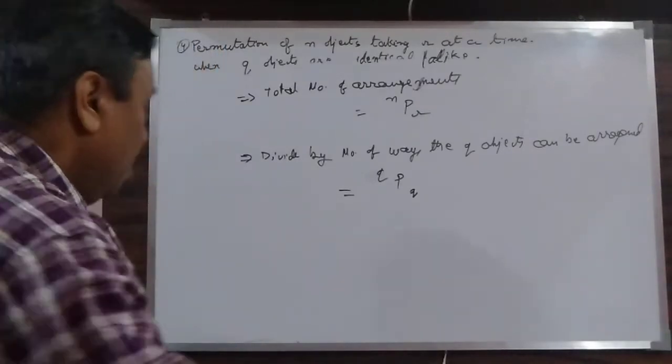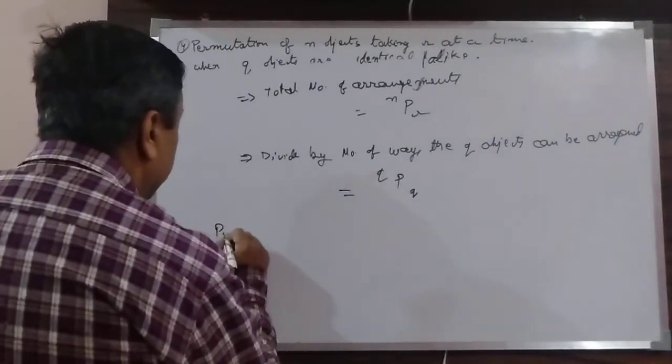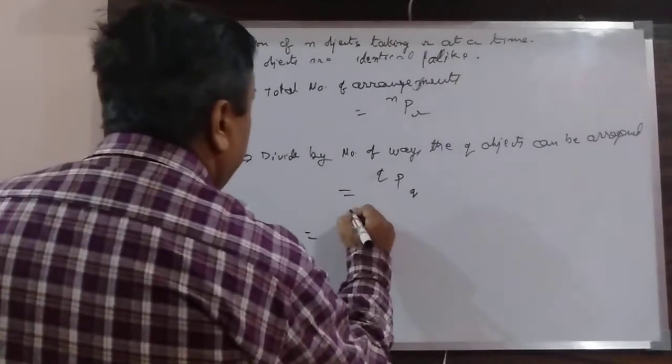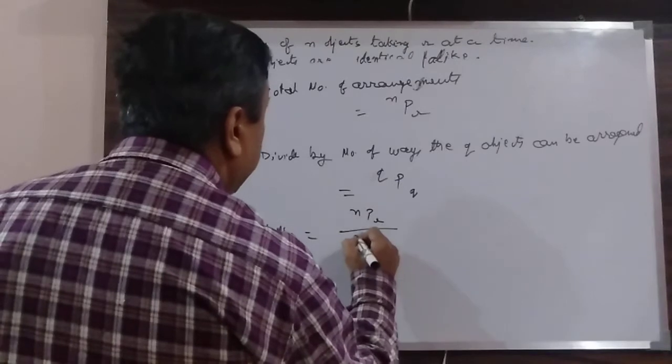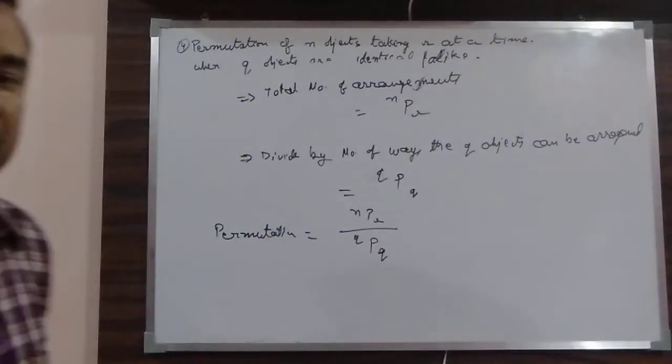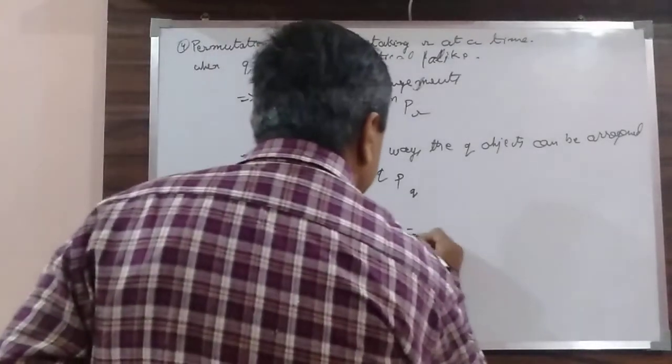Okay, so my actual permutation will be NPR divided by QPQ. Okay, what is NPR?